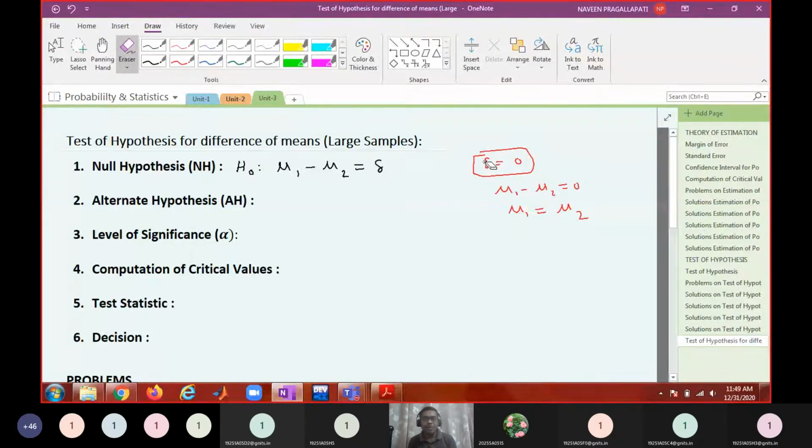So delta can be 0 or positive or any number also. So this is a general null hypothesis for difference of means. H1 can be like this: mu1 minus mu2 not equal to delta in case of a two-tailed test.